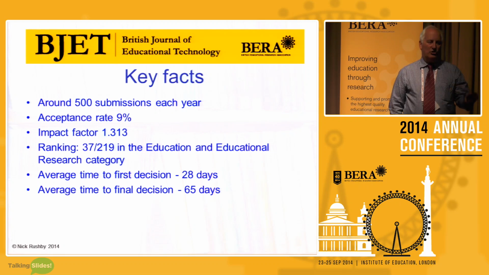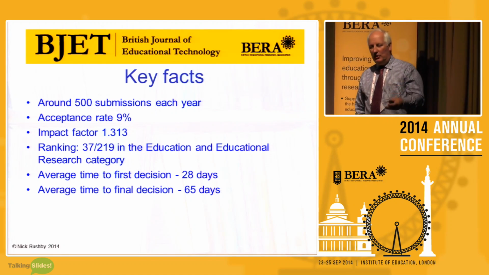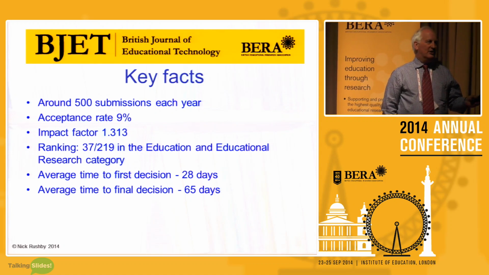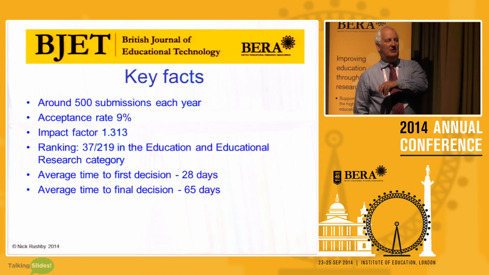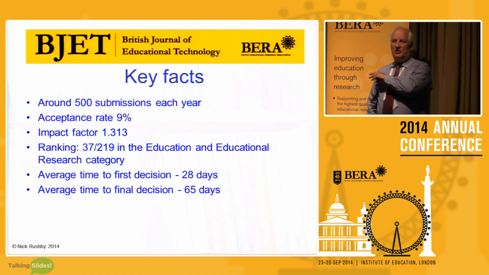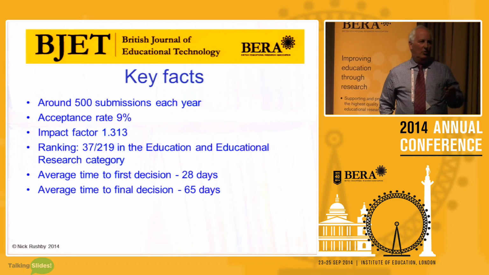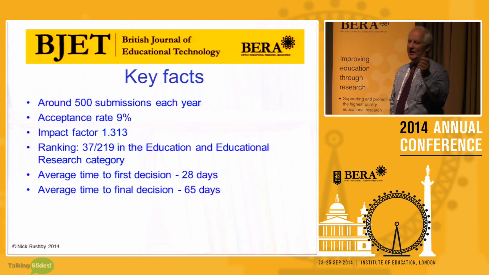We're very conscious about the fact that you want to get an answer quickly. Not only do you want to get into print quickly, but if we should happen to reject it, then you want to be able to submit it to somewhere else. Remember what Jessica was saying about don't parallel submit. Don't submit to more than one journal at a time. So we try and keep it really quick.